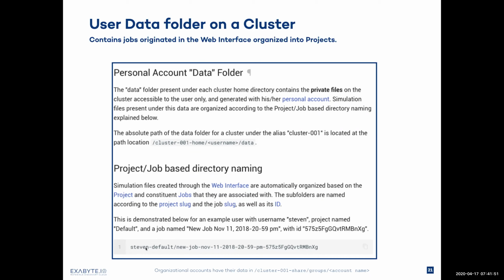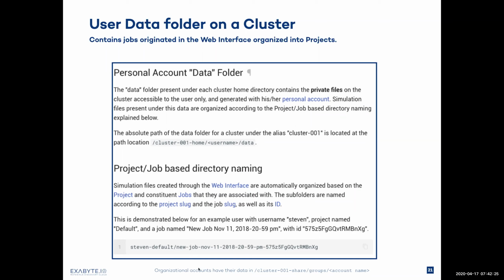So the Steven-default folder will contain all the jobs that belong to that project. And the job names will be in a computer-friendly format. On the web, we'll see "new job November 11th" with spaces. And in the command line infrastructure, we'll see new-job-November-11, right? So this will be computer friendly, and at the end we also add the database ID to uniquely identify these folders.